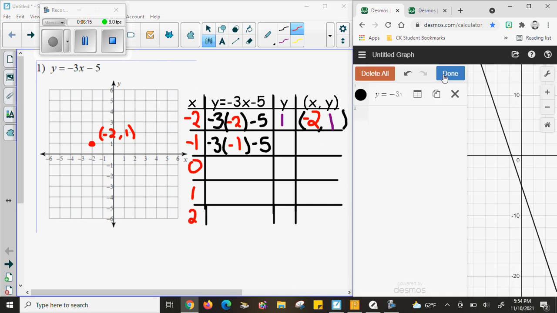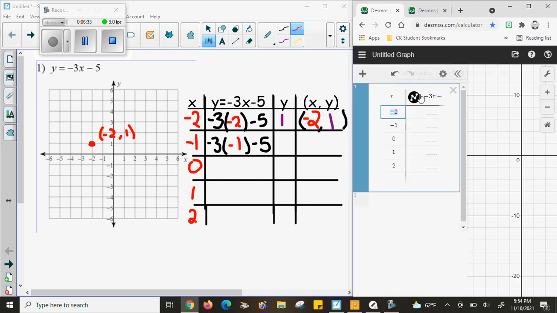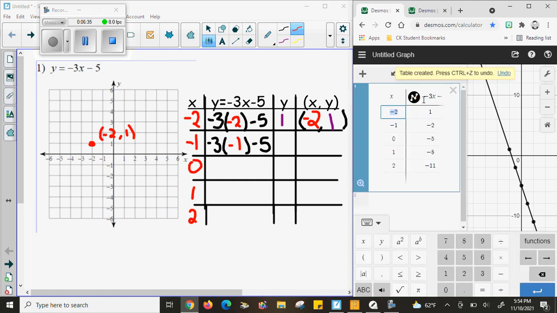Where my equation is at, I want you to notice we now have two options: convert table or duplicate. We are going to select convert to table. And when we do, I now have a table of values for this equation.